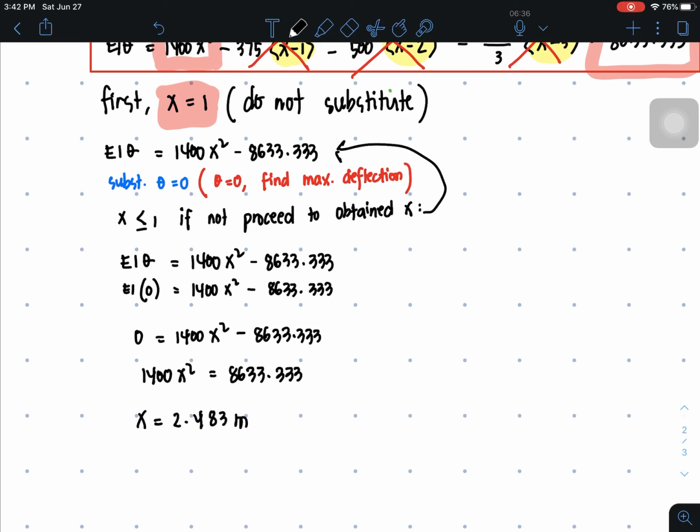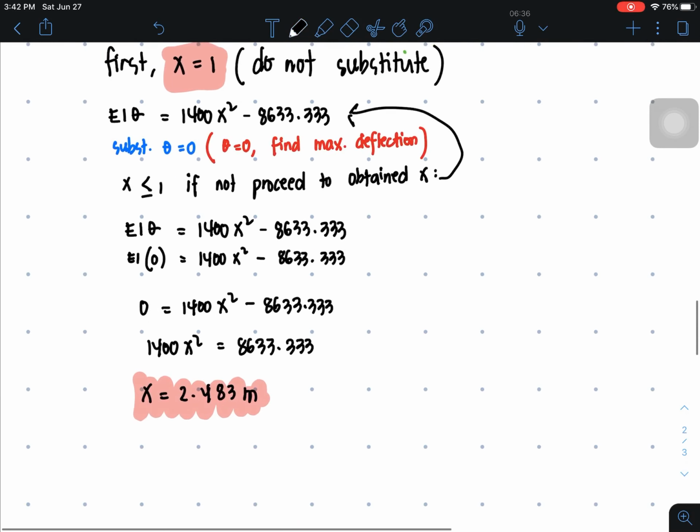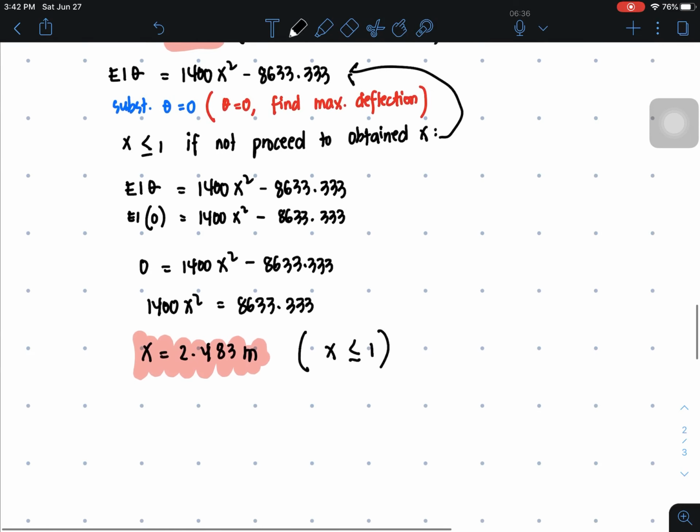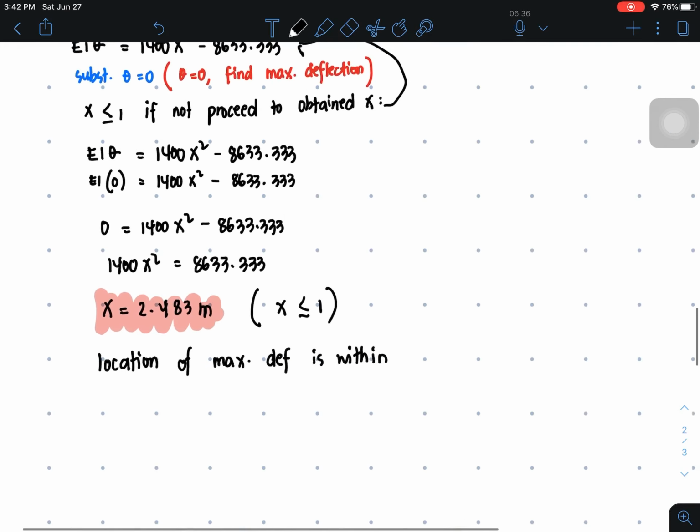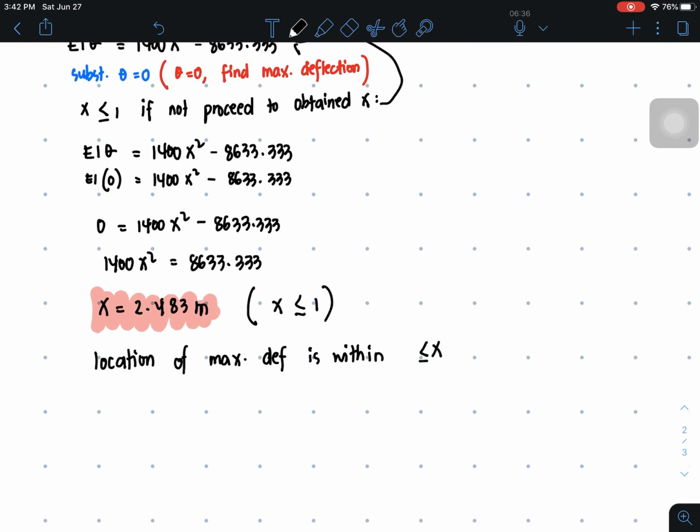meters. So karon wala siya ni satisfy. Kani siyang answer wala ni satisfy sa atuang boundary nga x is lesser than or equal to 1. Meaning to say, ang location of maximum deflection is within x greater than or equal to 2 or lesser than or equal to 3.